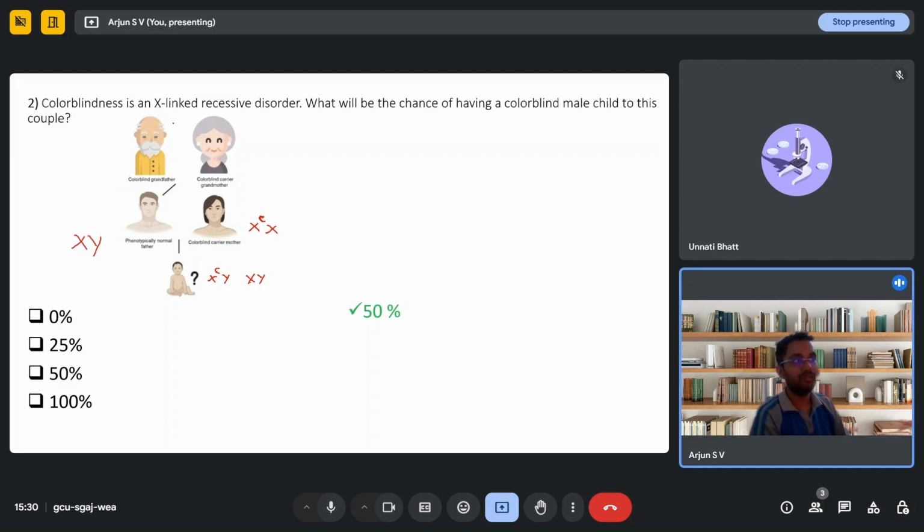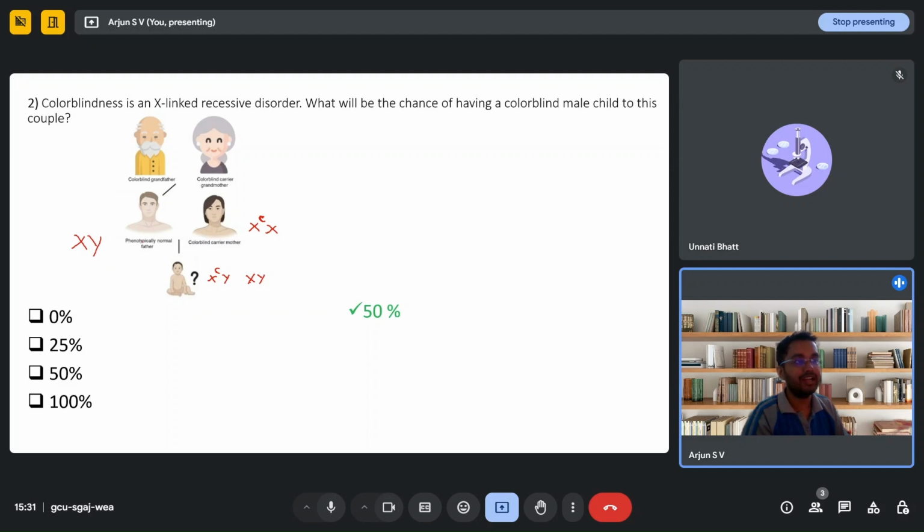Color blindness is an X-linked recessive disorder, so both X chromosomes of the mother need to carry the trait for her to exhibit it. If only one X chromosome carries it, she will be a carrier. So the carrier mother's karyotype will be XCX.